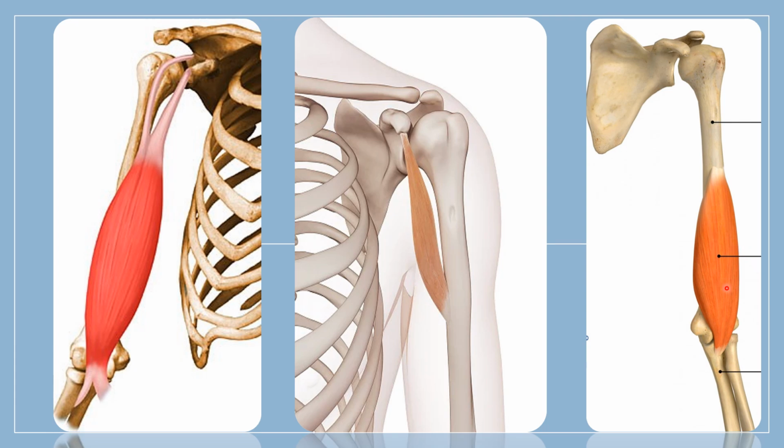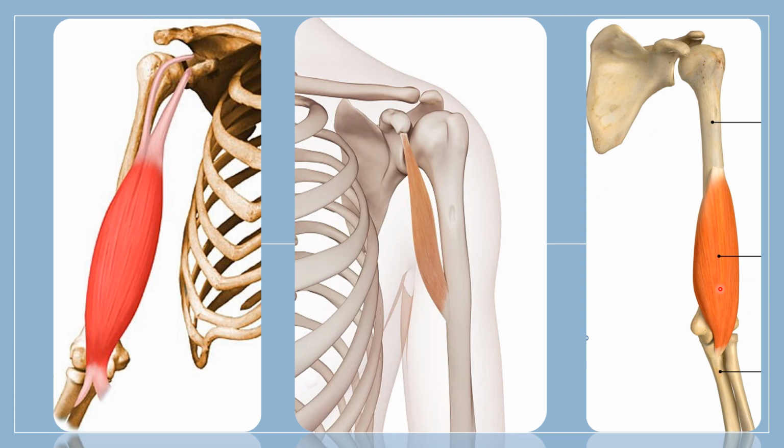Then the third one is brachialis. So brachialis is the one which arises from anterolateral and anteromedial surface of the humerus, and the tendon is inserted into ulnar tuberosity. Nerve supply, this muscle, it is having dual nerve supply.